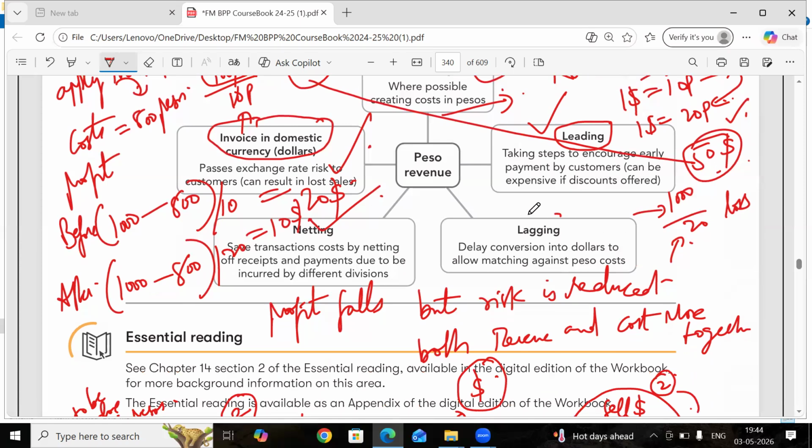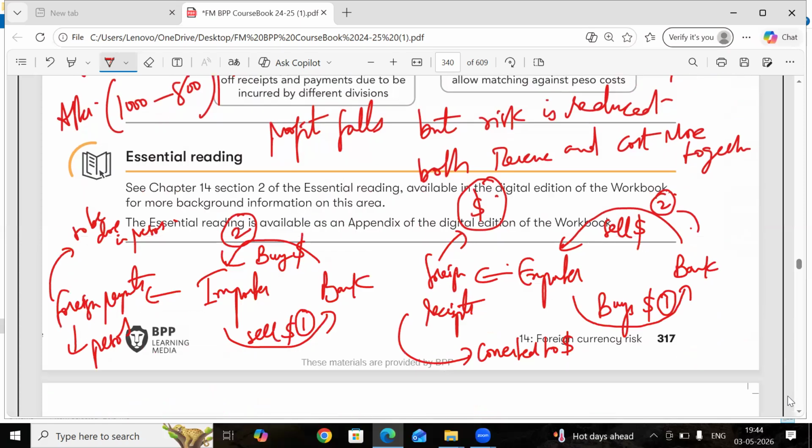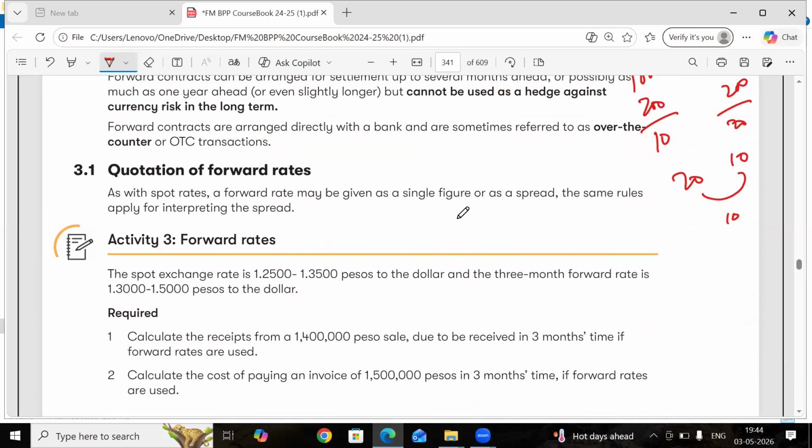See, what happens in lagging is, let's say I have to make some payments to someone in US, and today $1 is 80. So today, if I have to make them $1,000 payment, I have to make them 80,000. But I expect rupee to appreciate in future. If that is the case, I can lag. I can make the payment in future.